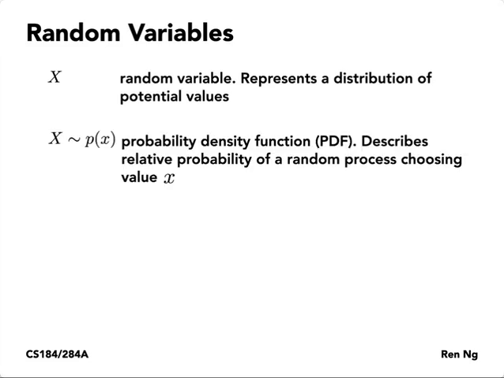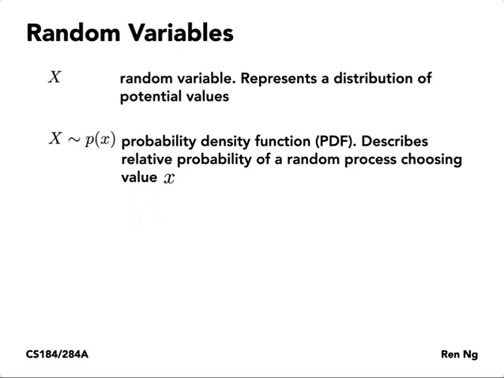And if I write something like capital X tilde P of X, that means the random variable X is drawn from a probability density function P of X. Then the probability density function in this case is P of X. And P of X describes the relative probability of a random process choosing this specific value, little x here.